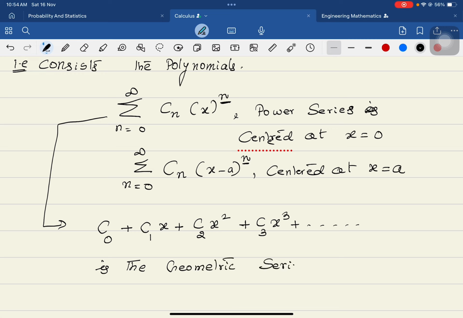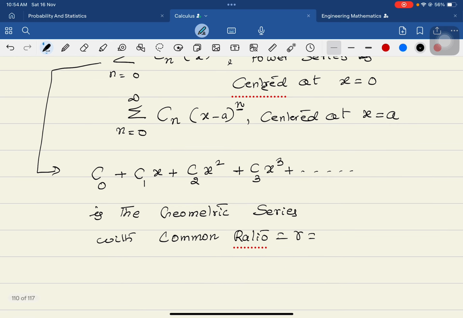Now what is the common ratio? The common ratio is given by r is equal to the second term by the first term. Whenever you multiply by x, you get the next term.